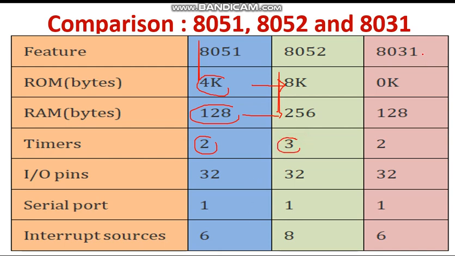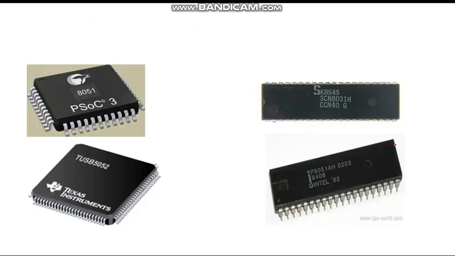If we compare with 8031, it has no ROM. Rest is the same as 8051. These are the different ICs used as 8051. We can see this is an 8031 IC, an 8051 IC by Intel company, a processor by Texas, a processor by another company.